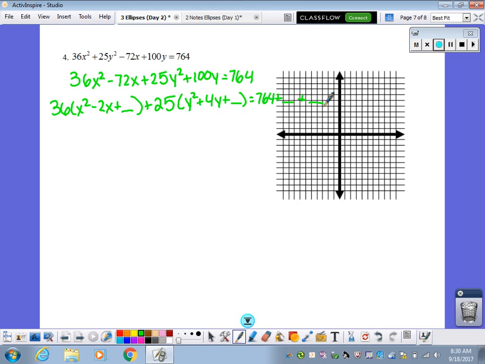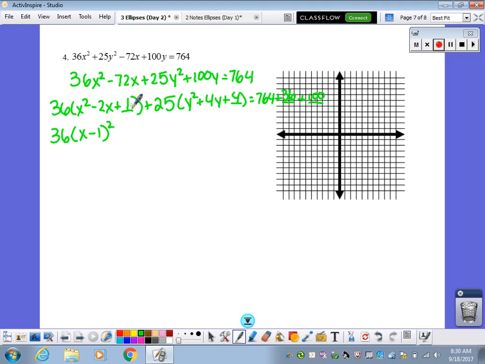Okay, so split in half, square it, that's 1. Split in half, which is 2, square it, which is 4. 36 times 1 is 36. 25 times 4 is 100. So now what we do here is we factor this, we get 36 times x minus 1 squared.